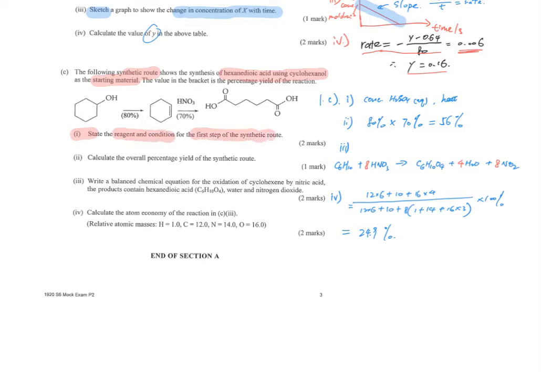What is the first step? The first arrow represents the first step. You can see the functional group changes from alcohol to alkene. That means from alcohol to alkene, dehydration occurs, right? So we use concentrated sulfuric acid and then heat, and we get 2 marks.